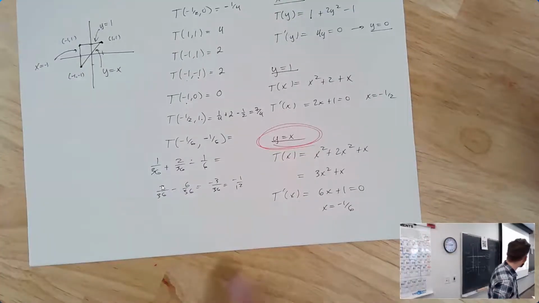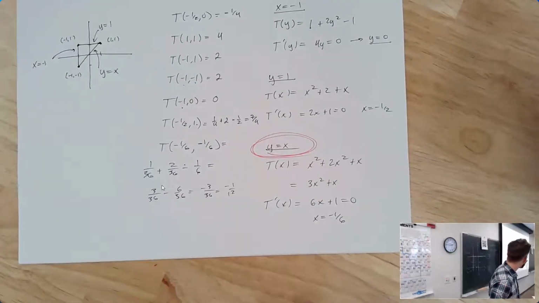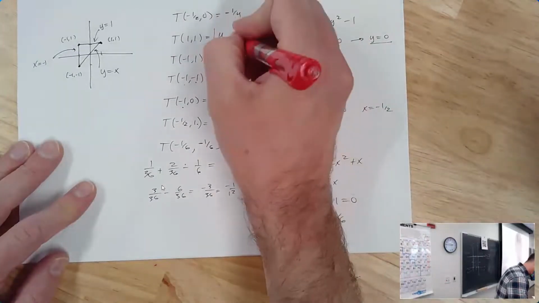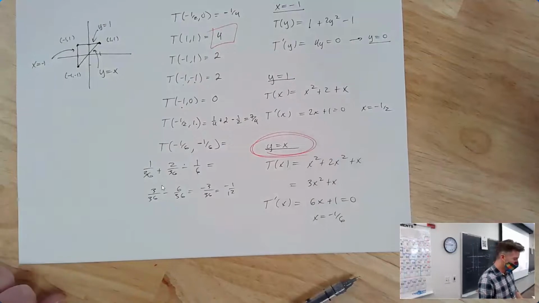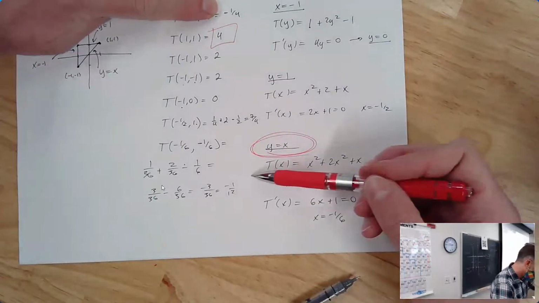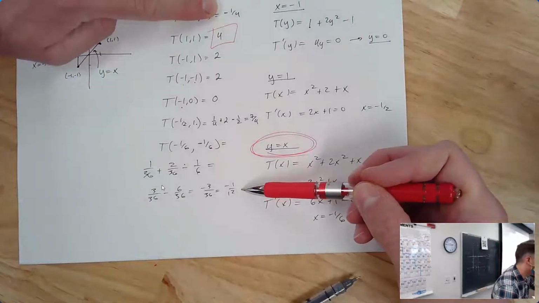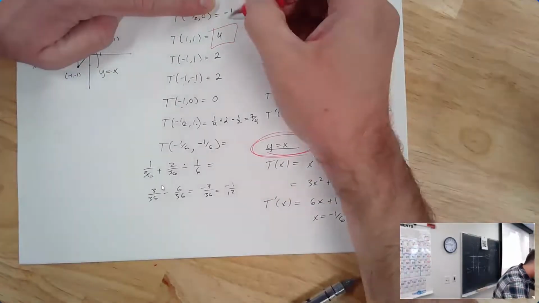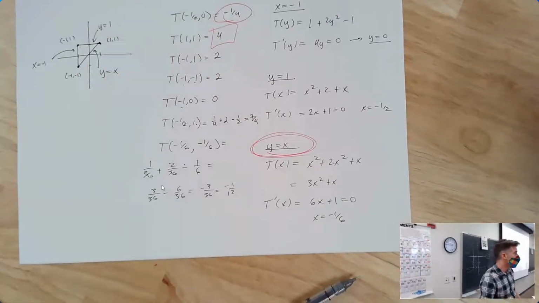All right. Which one's the biggest? 4, the biggest. Which one's the smallest? Well, there's 2 candidates. Which one is smaller? That one. It's more negative, right? Because it's a bigger fraction.